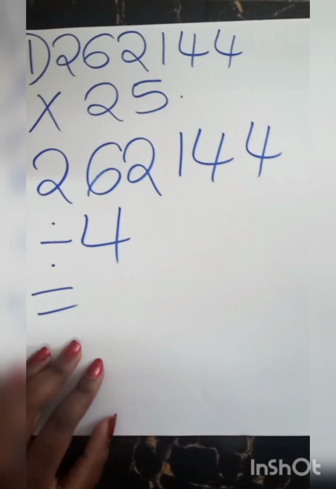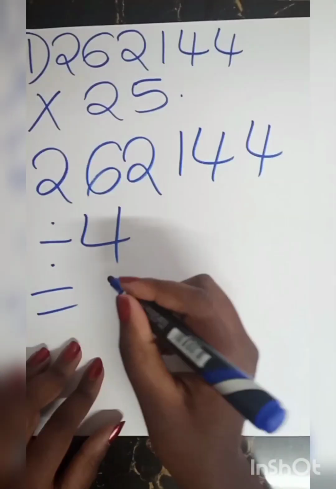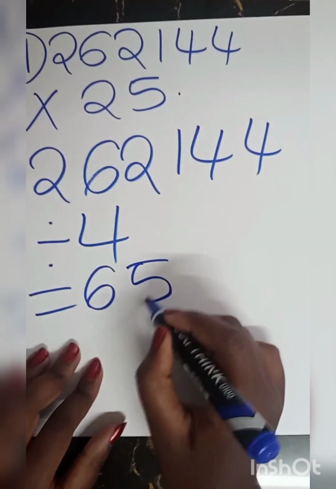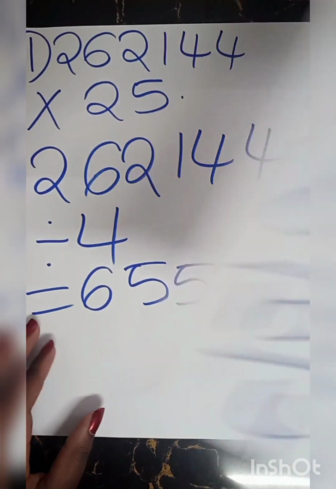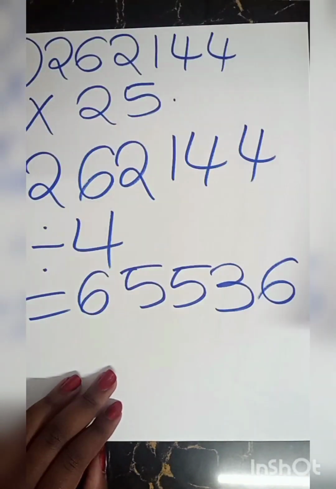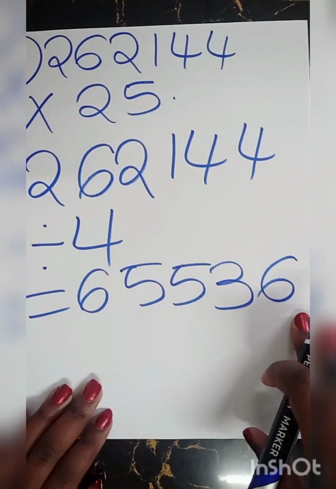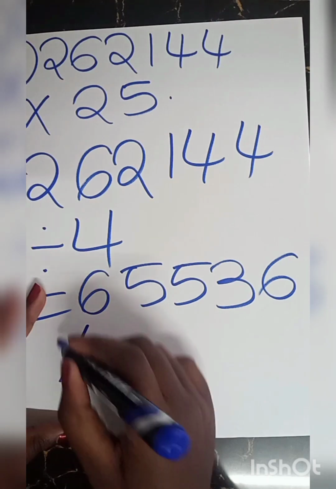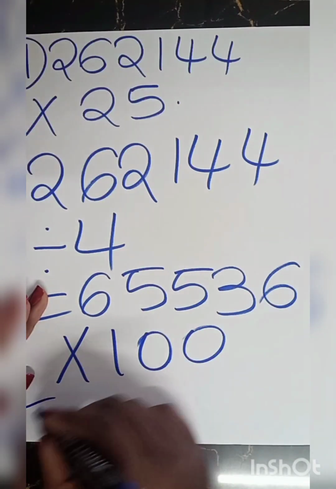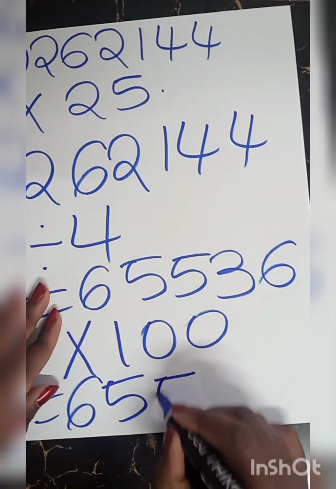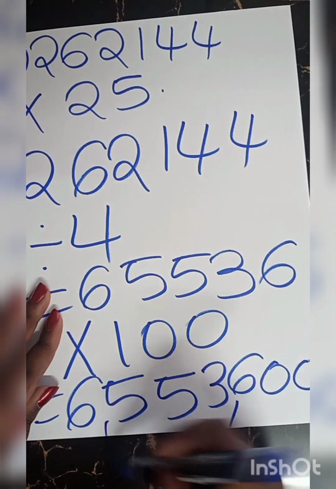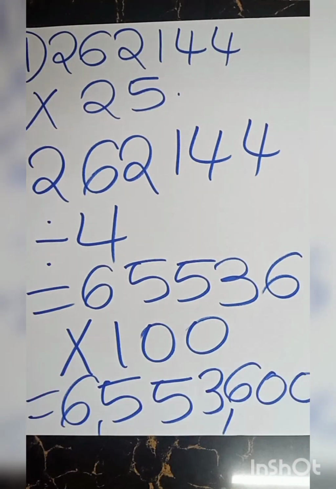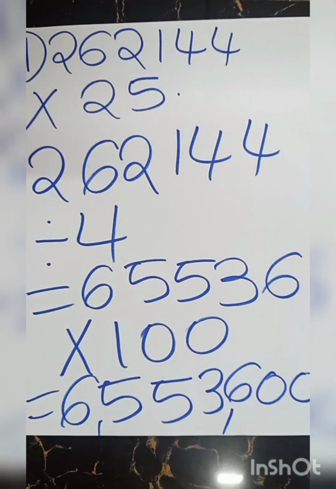When you divide this number by 4, you get this number here. Okay? And because 25 is derived by dividing 100 by 4, that means you need to multiply this number by 100. So when you multiply it by 100, you get this. Add 2 zeros, okay? So the answer to that question is this number here, okay? Have you seen how easy that is?